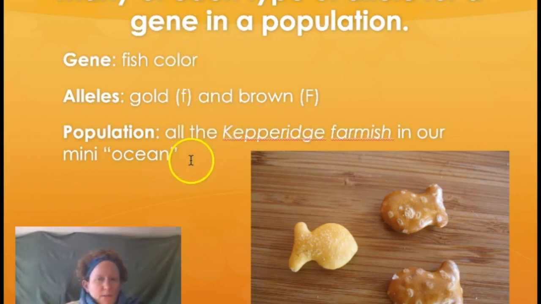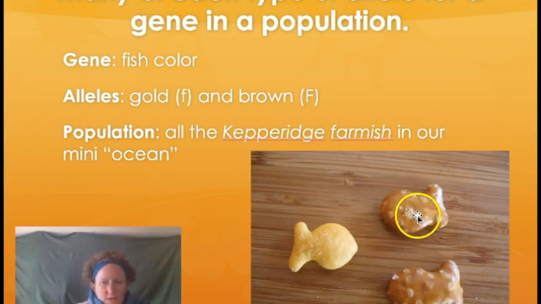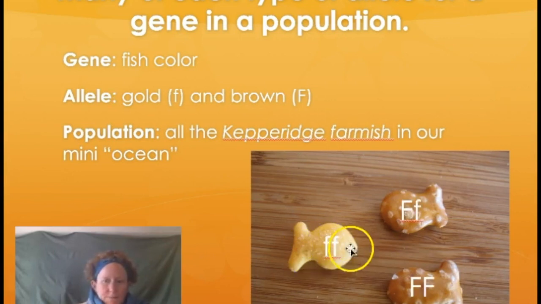So we have a mini ocean, which we saw, full of these types of fish. So we've got gold and we've got brown. And each of these different options, the brown can have 2 different combinations of alleles, and the gold can only have 1.